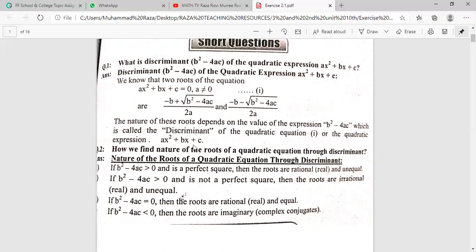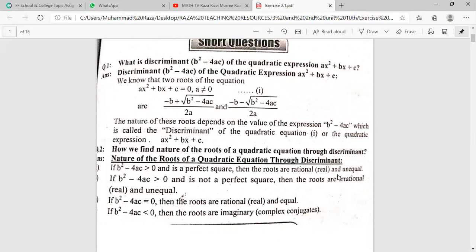So this b square minus 4ac is called the discriminant of the quadratic equation, or the quadratic expression ax square plus bx plus c. How do we find the nature of the roots of the quadratic equation through the discriminant? It is very simple. If b square minus 4ac is greater than 0 and is a perfect square, then the roots are rational, that is real, and unequal.